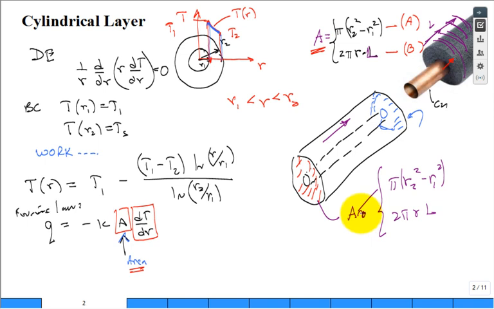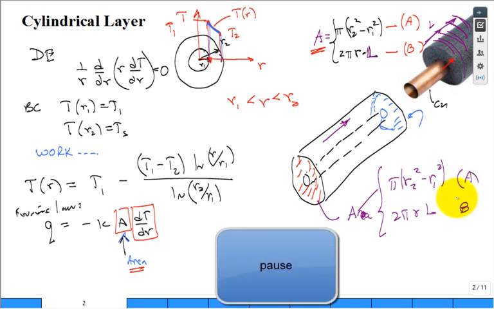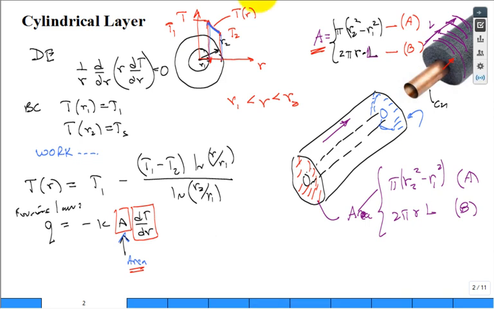Now I changed it up a little bit. The heat transfer is not radial, it's axial. What would be the correct area, A or B? For that second case, it's as if this outer layer was insulated, and as if the inner pipe was all insulated.